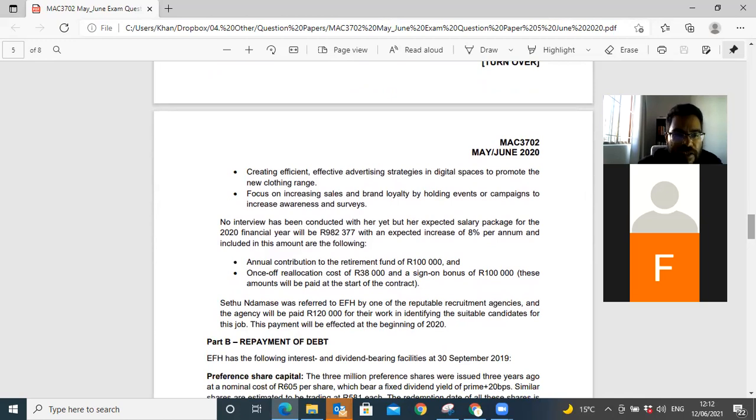Included in this amount is an annual contribution to the retirement fund and a once-off relocation cost and sign-on bonus. These amounts will be paid at the start of the contract. Then there's an agency commission. The payment will be effected at the beginning of 2020. So we will just have to deal with that now.